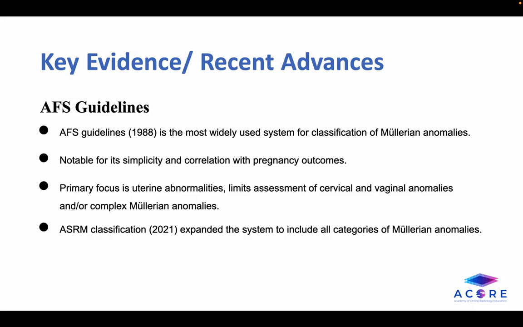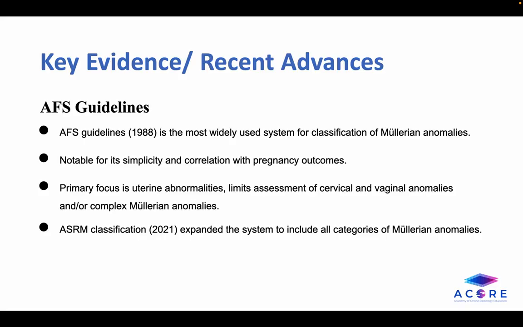So for some key evidence and recent advances, there are some guidelines known as the American Fertility Society classification, which was introduced in 1988. This classification has been widely used because of its simplicity and correlates strongly with reproductive outcomes. However, it primarily focuses on uterine abnormalities and does not fully classify cervical or vaginal anomalies.